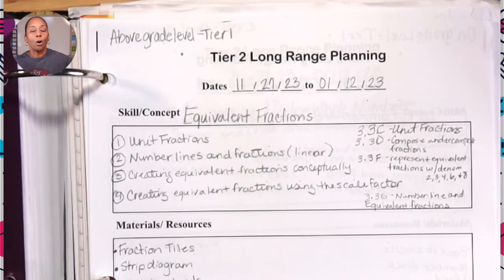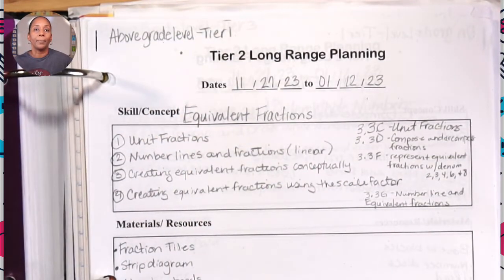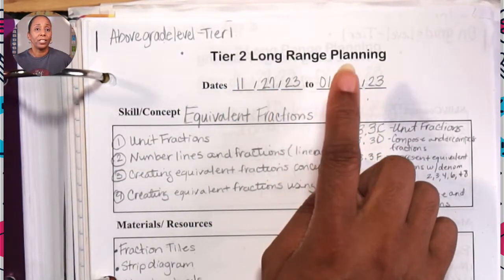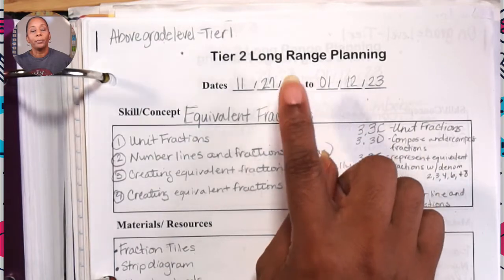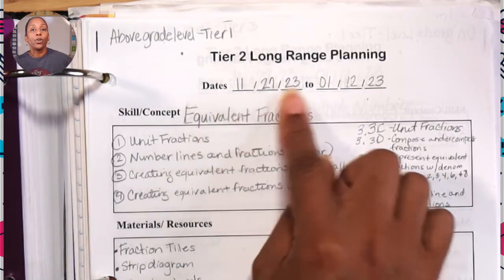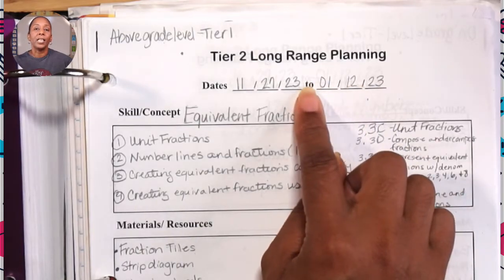You already know what you're going to teach, and this is taught through the vertical alignment. Now, you're probably going to ask about the dates. These dates coincide with our grading report. If you're on 9 weeks, then your intervention is going to be for 9 weeks. That is how I do it, because it's easier.